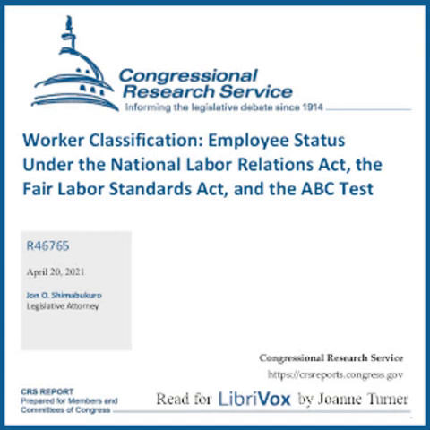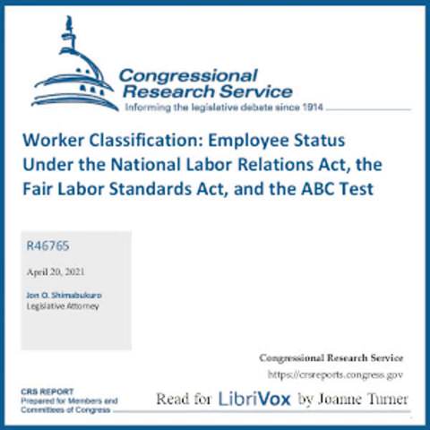A, the individual is free from the entity's control or direction in performing his work, both under a contract for the performance of such work and in fact. B, the work performed by the individual is outside the usual course of the entity's business.